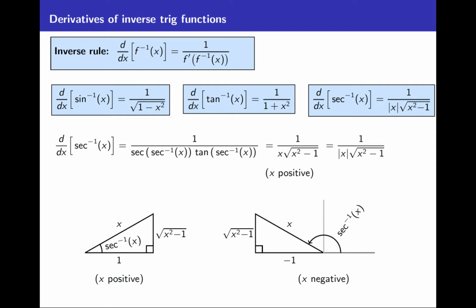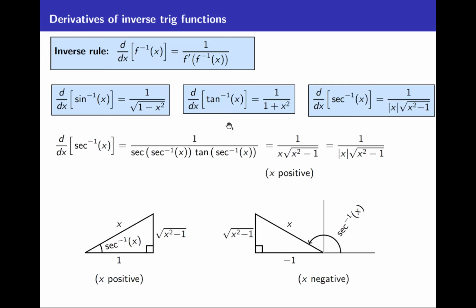So here we have quickly obtained 3 derivative formulas for sine inverse, for tangent inverse, and secant inverse. If you ever forget them, assuming you know the inverse rule, you can derive them again pretty quickly.